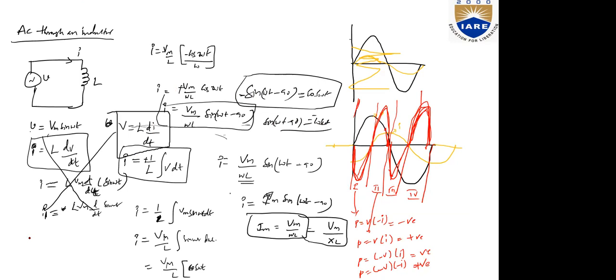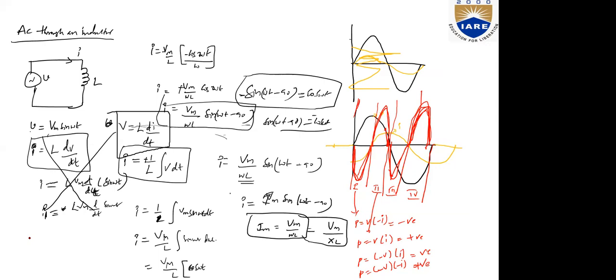Q is equal to Q naught sine omega t. For the current in a capacitor in an AC circuit, I'm getting I is equal to Im sine omega t plus pi by 2, where Im is equal to Vm by omega C. Yeah, that's fine. That's good.